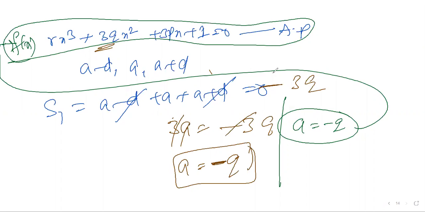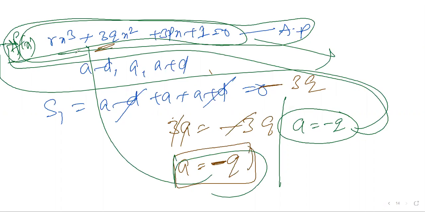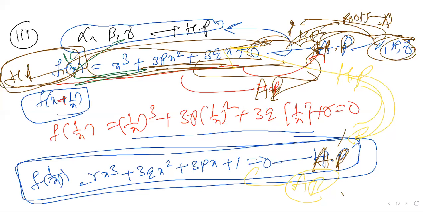A is equal to minus q, substitute here. You will get one condition, and that condition is your expected answer. When you substitute A is equal to minus q in this, the answer will reflect to the previous HP, the original one.